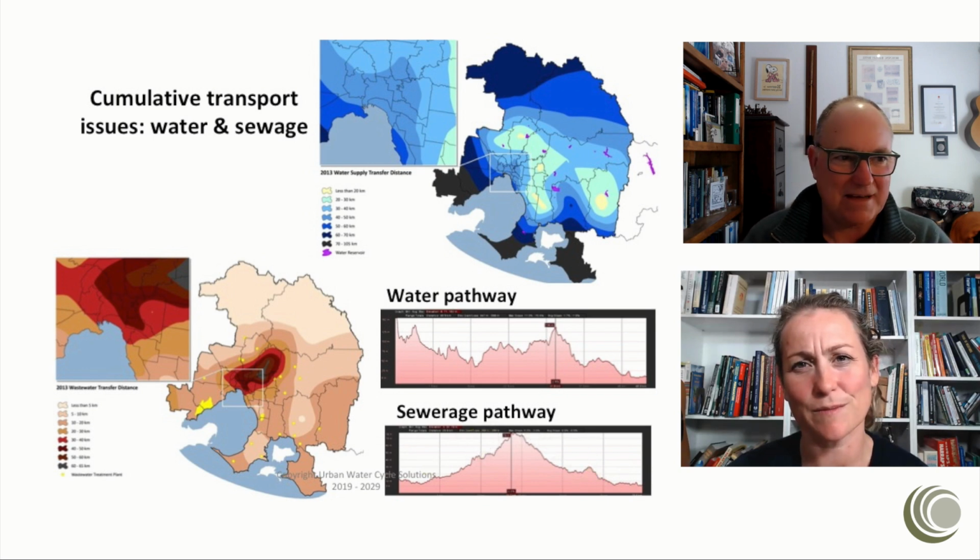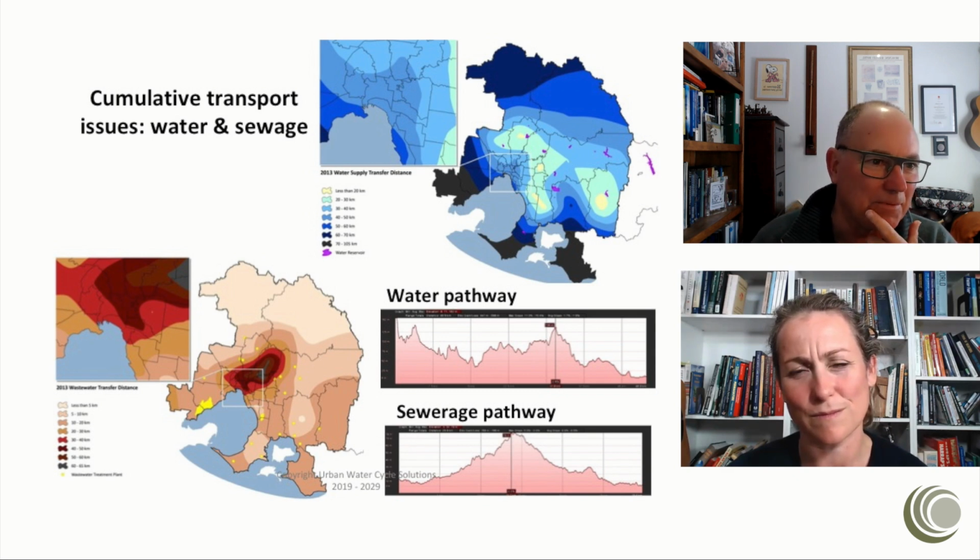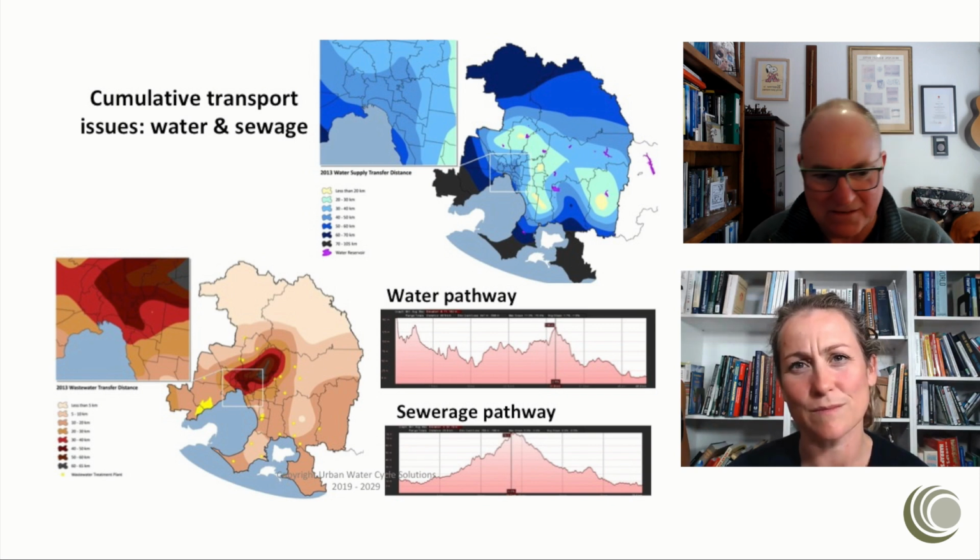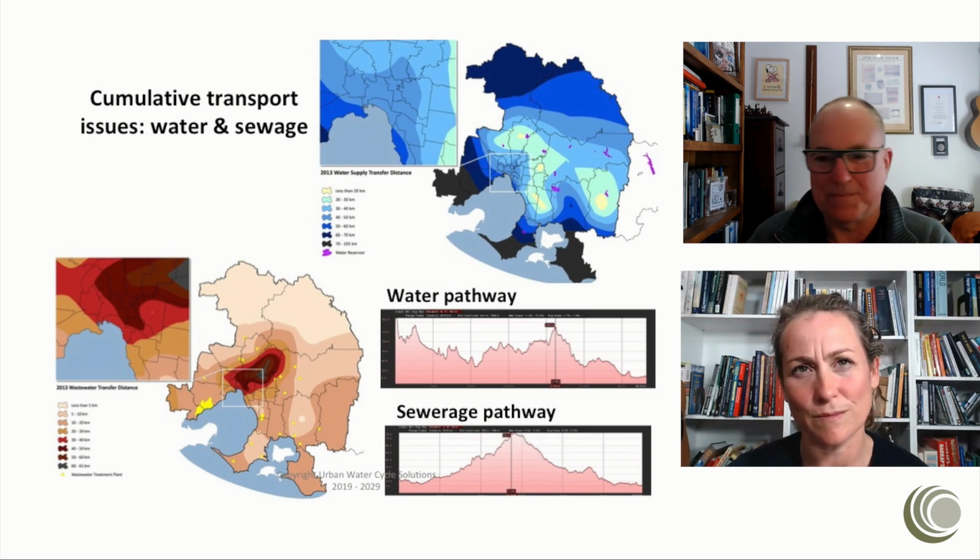If you were just examining the sea level at the outflow from the sewage treatment plant and the level of that inner city location, city of Melbourne in this case, you'd think, oh, it's downhill there, it's no problem. But if you examine the pathway of the infrastructure, it's actually uphill a long way, I think 200 metres there, before it goes downhill. There is actually some of the biggest pumps in Australia in that system.